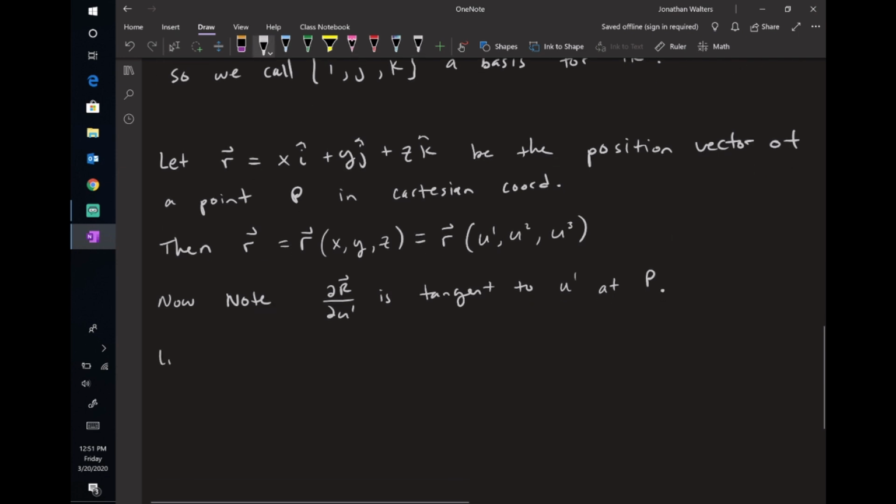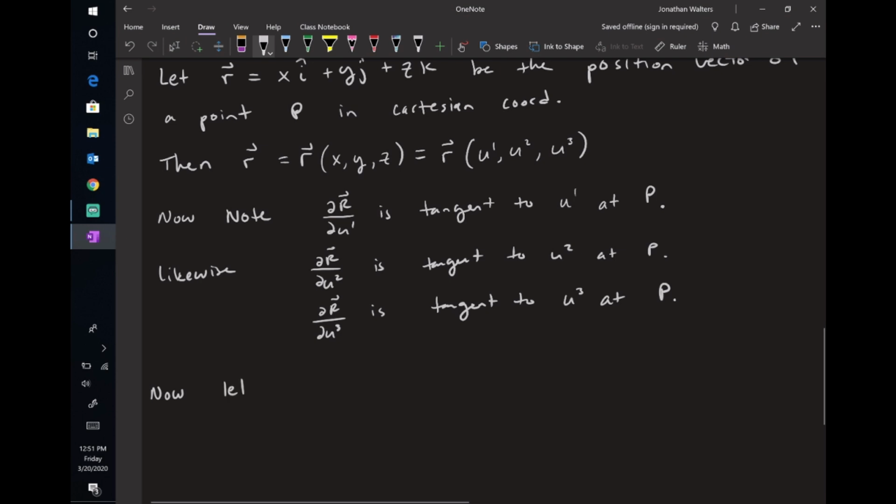So now, likewise, partial r, partial u2 is tangent to u2 at point P, and partial r, partial u3 is tangent to the u3 axis at point P. Now we let E1 be equal to partial R partial u1 over the magnitude of partial R partial u1, and E2 and E3 be defined similarly.